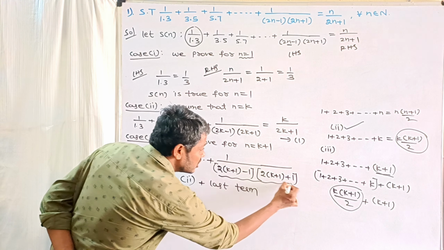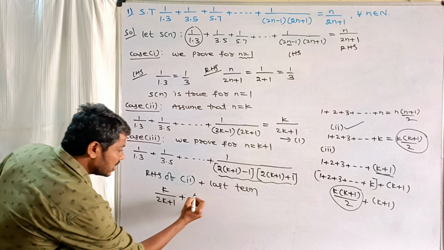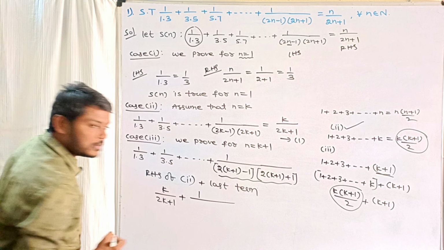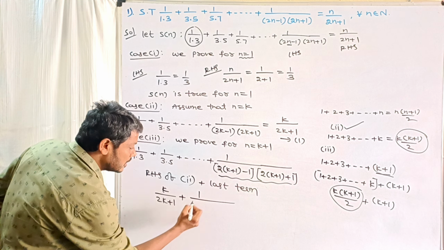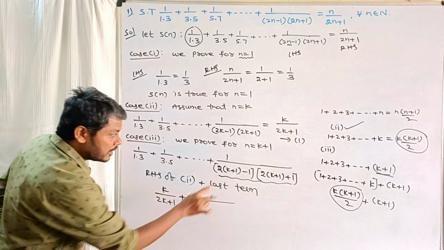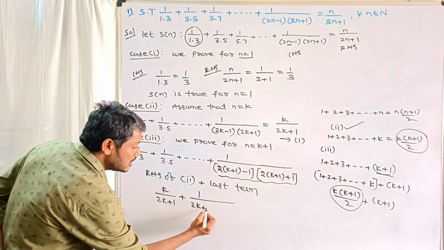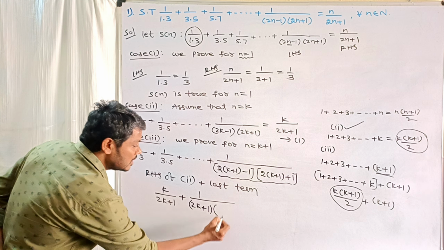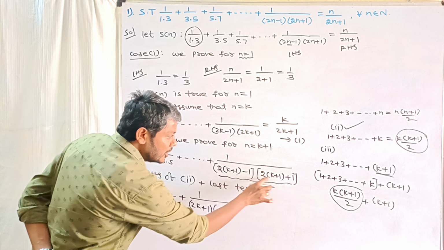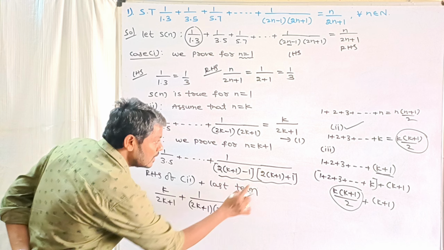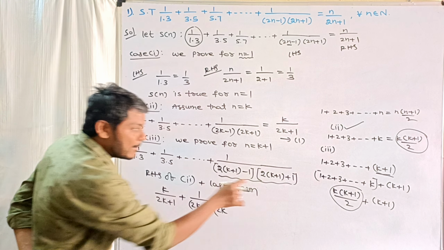So this is the last term. That is 1 by 2 into k, 2k. Next 2 into 1, 2 minus 1. That is 2 minus 1 is plus 1, into again 2 into k, 2k, 2 into 1, 2 plus 1.